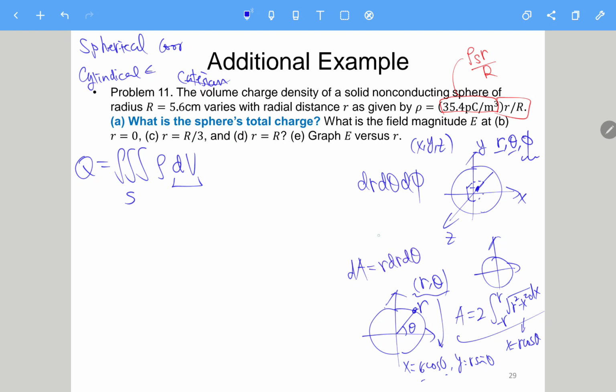The dimension should be correct like this, because theta is an angle. So dr is a length, but this one should be r times d theta to become a length.